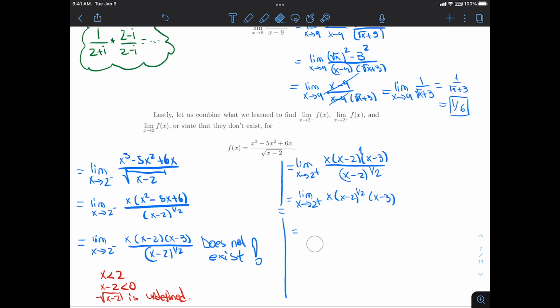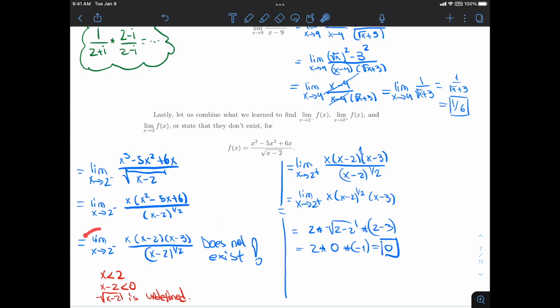So I am now able to plug in the whole thing, so I don't have to write another limit. So that's just plugging in the 2. And that's 2 times the square root of 2 minus 2, times 2 minus 3. So that's 2 times 0 times minus 1. So that's just 0. That is my limit. I was able to calculate it.